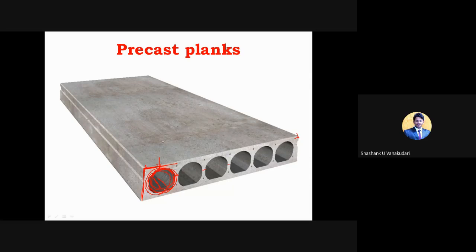Then that joist rests on and supports the entire load on the side walls or on the beams, depending on the convenient location. Those joists transfer the entire load of the RC planks to the required location.